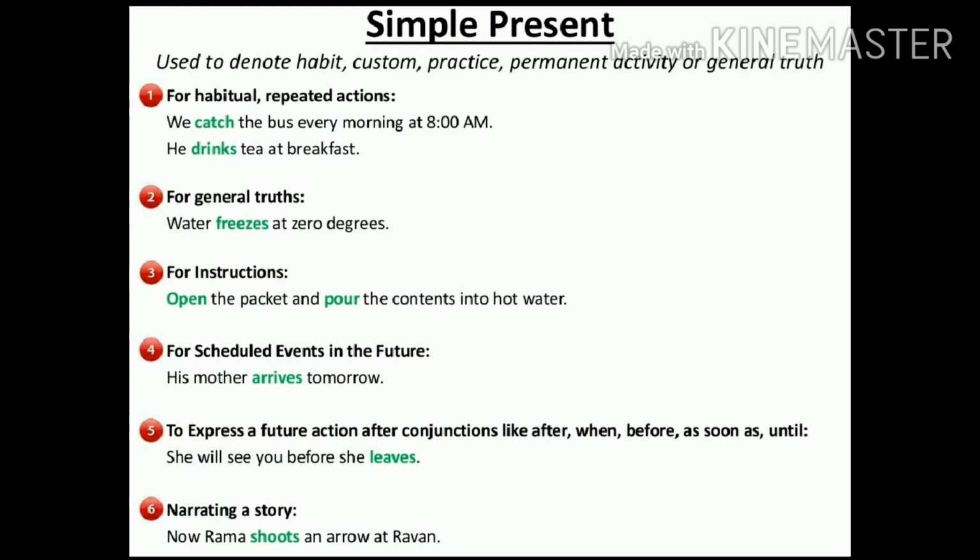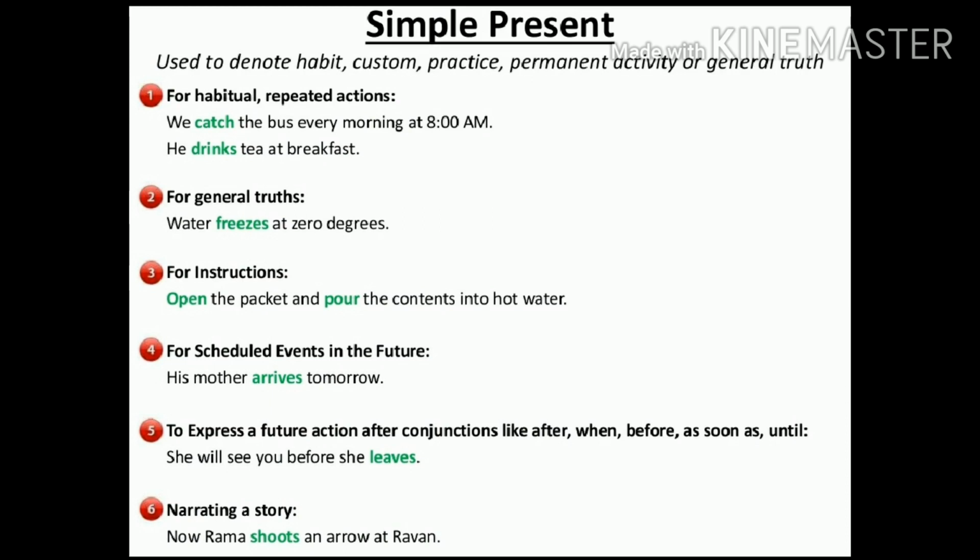Likewise, to express a future action after conjunctions like when, before, after, as soon as, and until. So one more rule which we need to remember for using simple present tense is, if you want to express any future action after the conjunctions which are mentioned over here, then you will use simple present tense. Like she will see you before she leaves. The director will meet you as soon as the meeting ends.